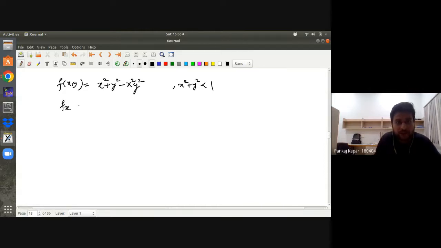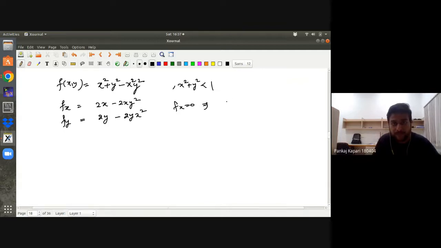For that, find the first partial derivatives: fx is 2x minus 2x y square, and fy is 2y minus 2y x square. So fx equal to 0 implies 2x times 1 minus y square becomes 0.